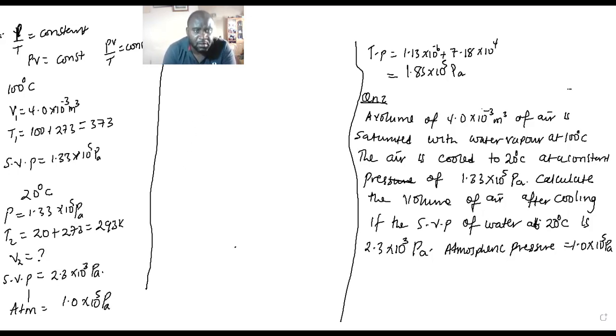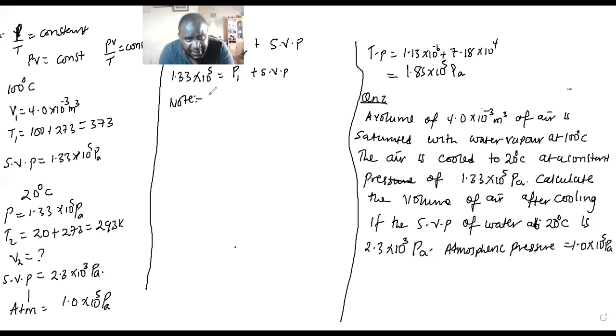Now, from the definition, total pressure is equal to pressure of the air plus saturated vapor pressure. In that case, the total pressure was 1.33 times 10 to the power 5, which is equal to the pressure of the air, we can call it P1, plus the saturated vapor pressure, SVP. Now, we need to have this note.